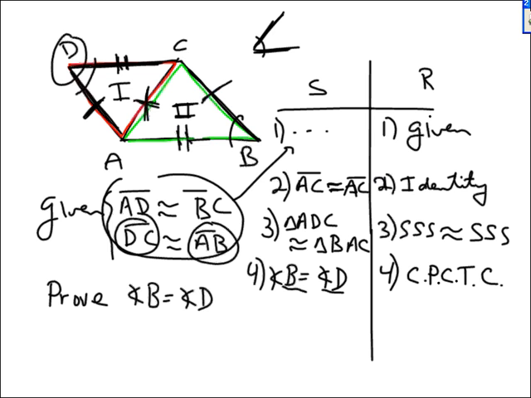It's made up of 1 slash and 2 slashes. The side with 1 slash, the side with 2 slashes. So we prove that angle B equals angle D by corresponding parts of congruent triangles, saying that they themselves are congruent. If 2 triangles are basically the same, well, then they have to have corresponding parts.